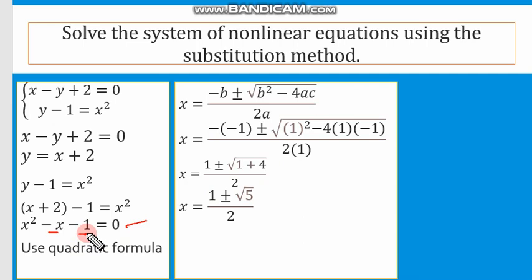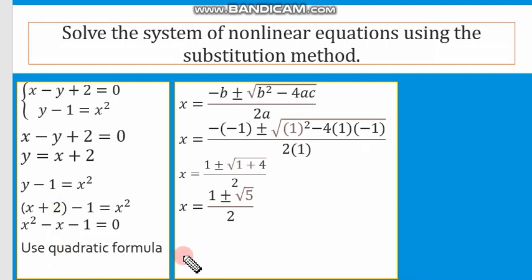However, if you add negative 1 and 1, it is equal to 0, but here it should be negative 1. So it can't be solved by factoring. We will use either completing the square or the quadratic formula. For this example, we will use the quadratic formula since the equation is already simplified.